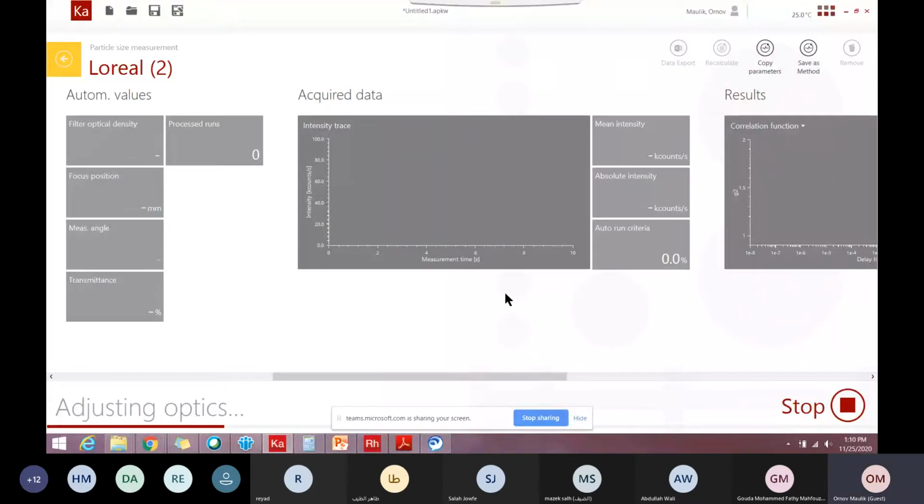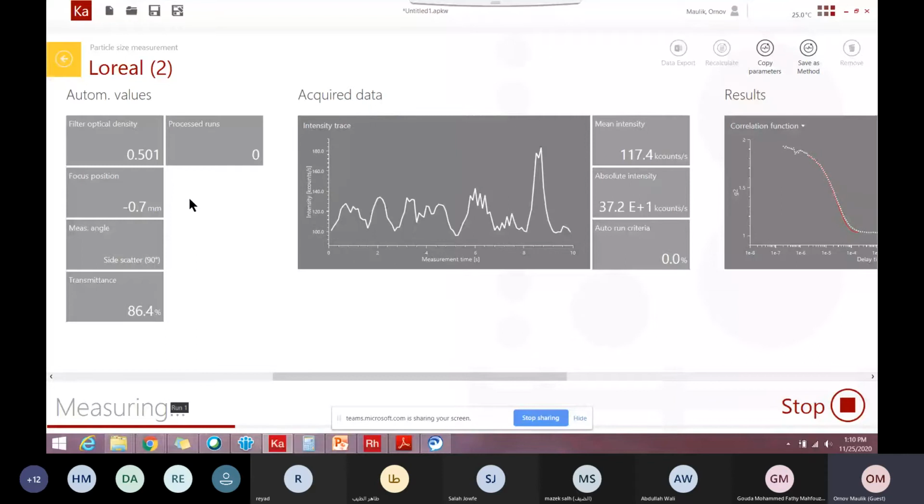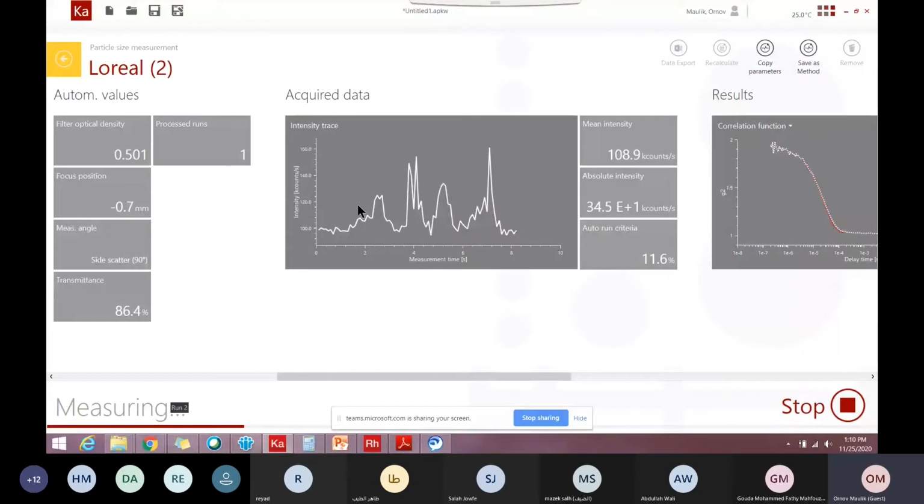So right now the software and instrument is trying to see different focusing positions, and then it will go with the suitable focusing position in order to set it. So you can see it has automatically set a focusing position to be 0.7. And this is the scattering of light that we were talking about.